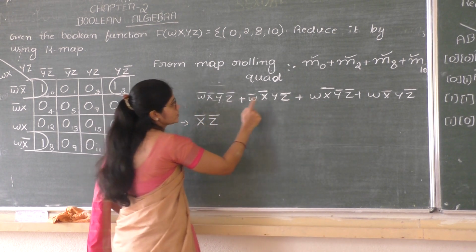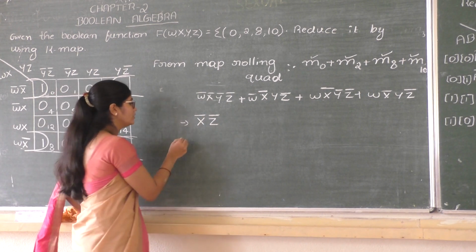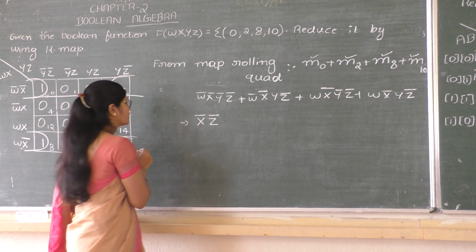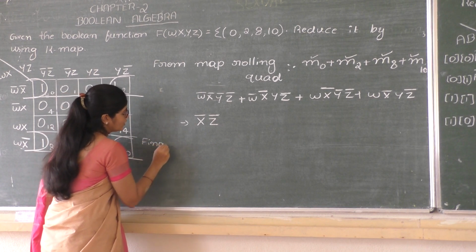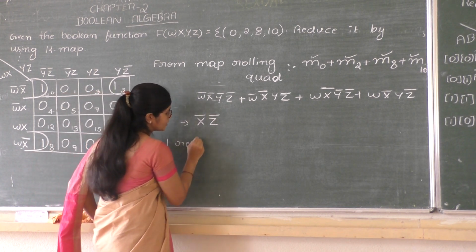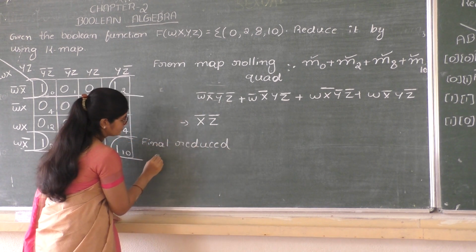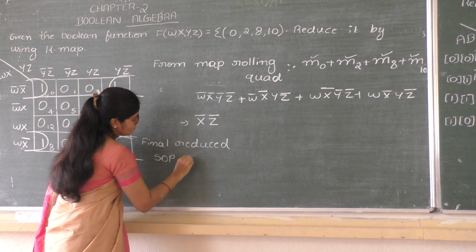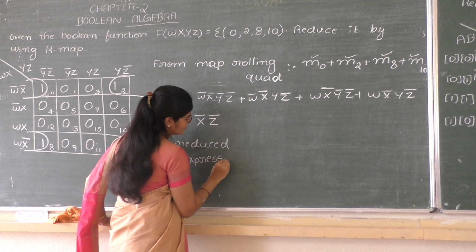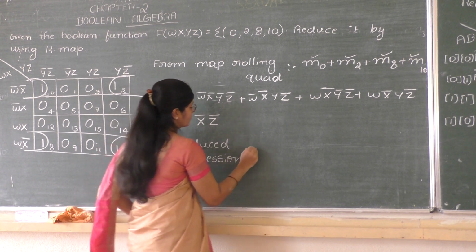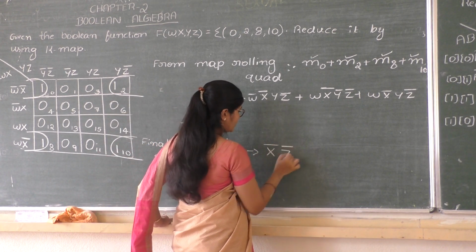Z bar is the common variable in all the minterms, so write the variables. Next, final reduced SOP expression is X bar, Z bar.